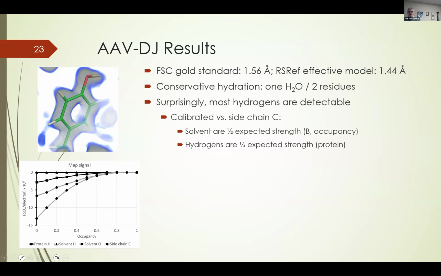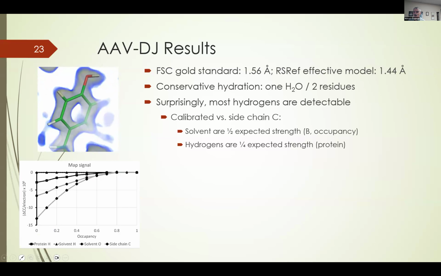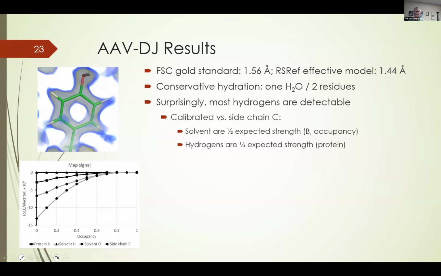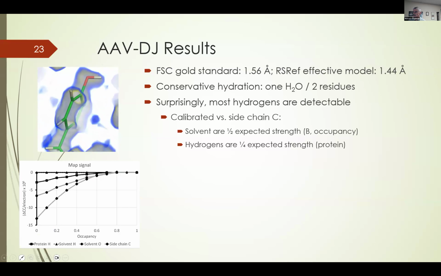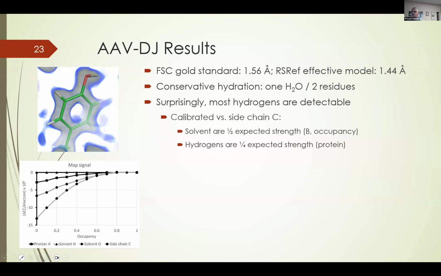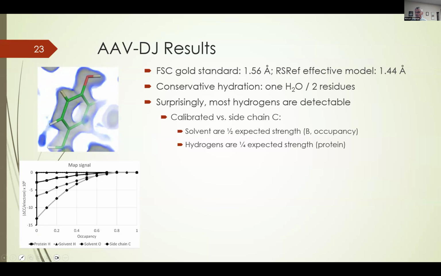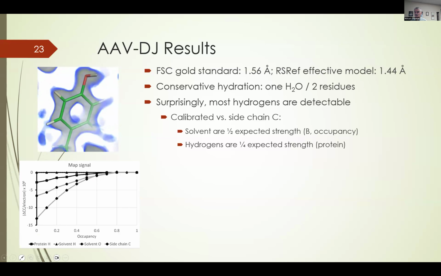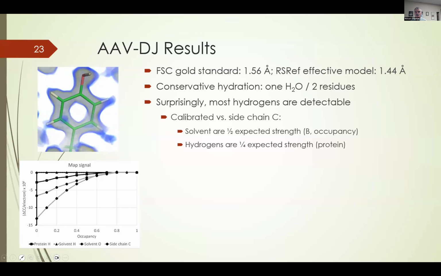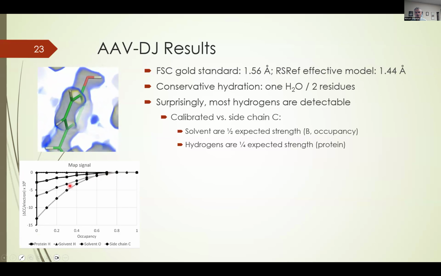We grouped all of the hydrogens into a single occupancy and then changed that occupancy and looked at how the correlation coefficient between calculated and observed maps varied as a function of this occupancy. And that's the curve here that I'm outlining here.